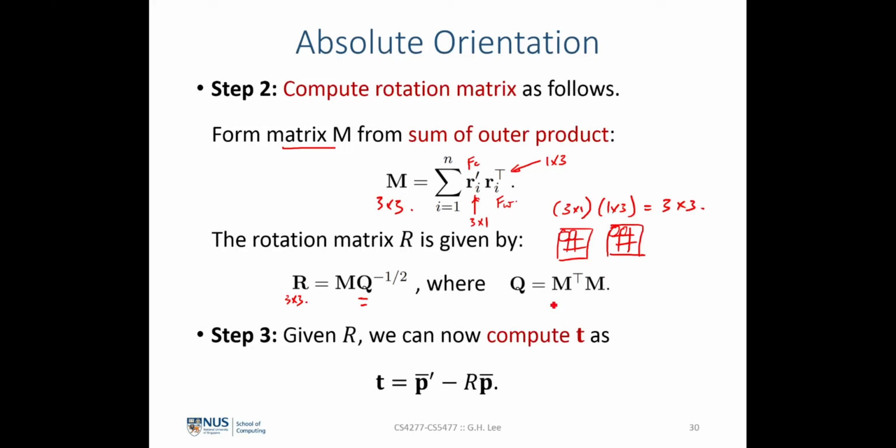And then finally, once we have computed the rotation matrix, we can go back to compute the translation vector by simply aligning the two sets of points after we have compensated the rotation in the first set of points.